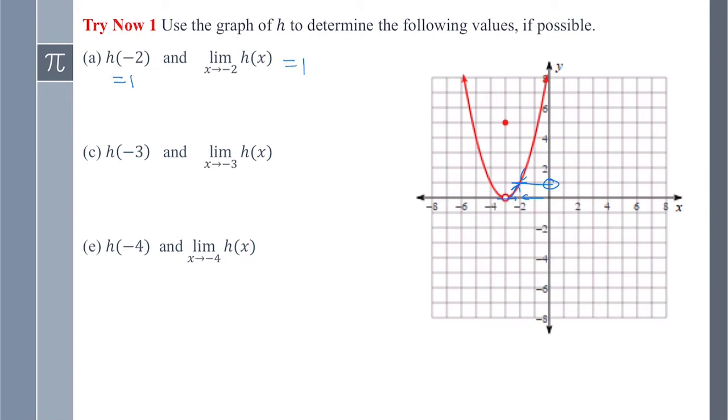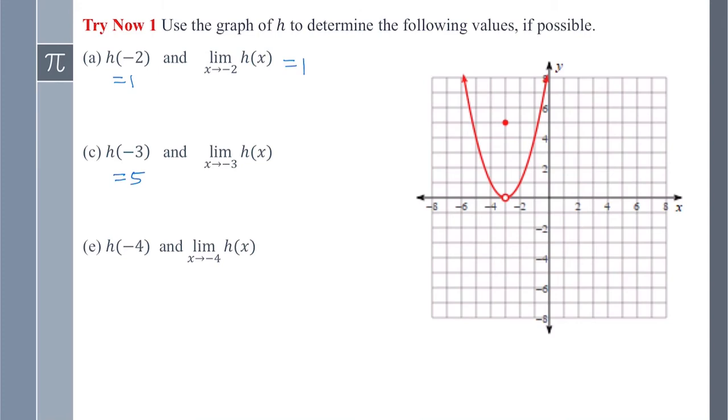Now the second part of that question, it says find h of -3. So at x equals -3, what is the value of the function? We have a hole here, so the value of the function is right here, which is 5. Now what is the limit of the function as x approaches -3?